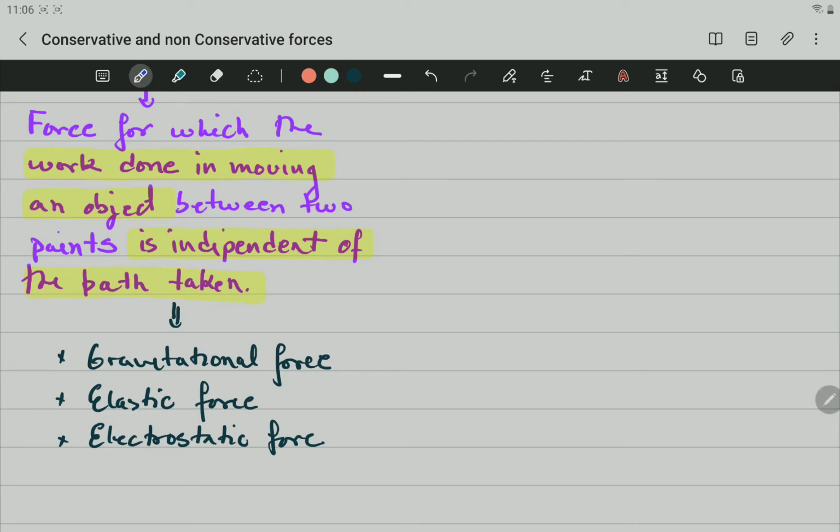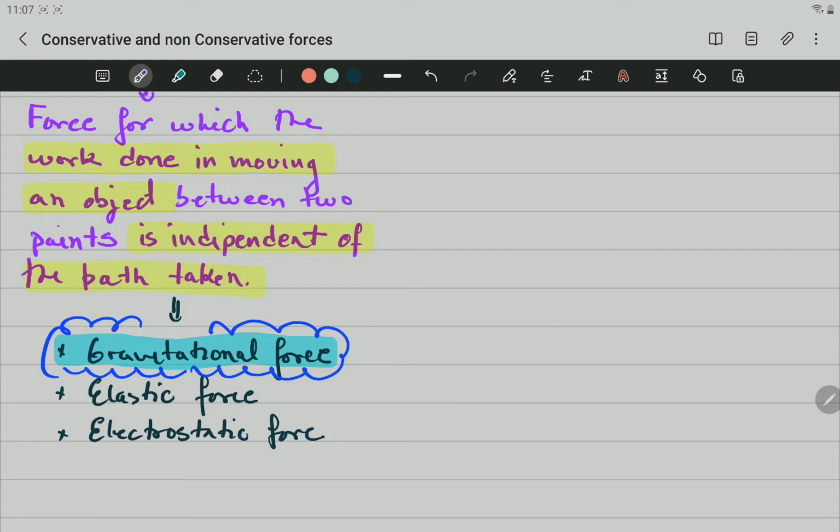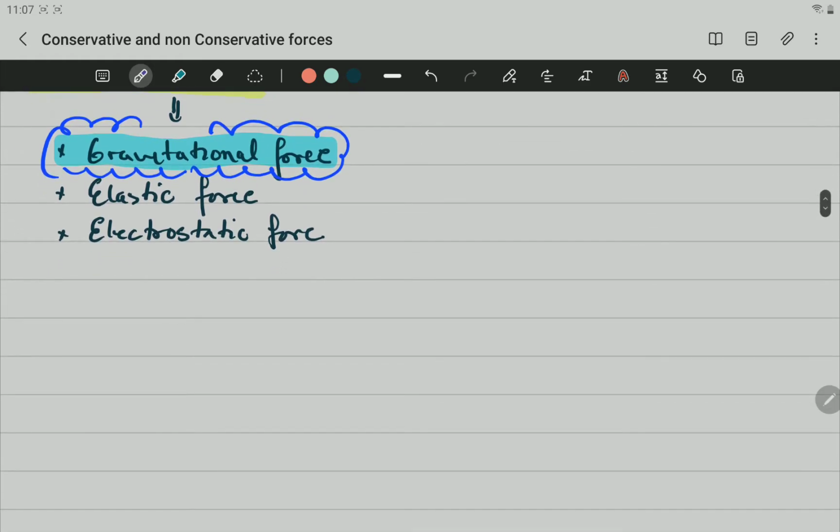However, we are going to focus only on gravitational force. So all those are examples of conservative forces, but we are going to work only with gravitational force as the conservative force. So out of all those forces we mentioned as an example of a conservative force, only gravitational force we're going to be dealing with. And then how do we calculate the work done by this force?